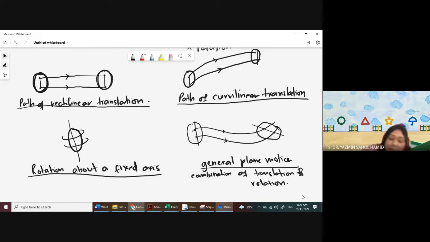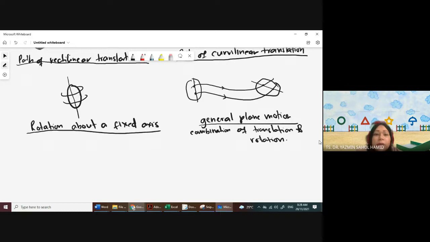There are more examples that we can relate that is related to translation and rotation. Another example apa? You tahu gear. Pernah tengok gear tak? Gear dia macam mana gear bentuk dia? Macam mana dia operate?